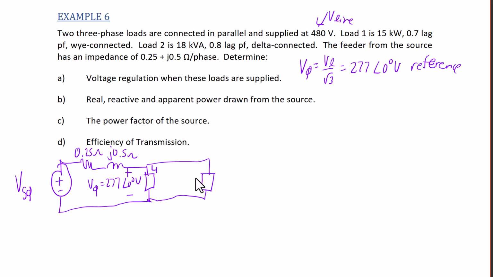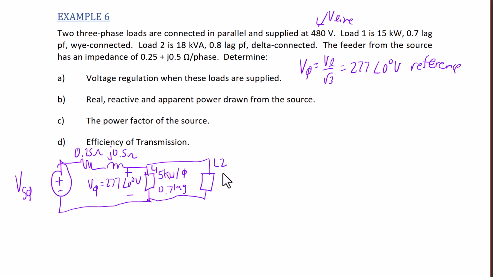This is load 1, and this is load 2. Since load 1 is 15 kilowatts, 0.7 lag power factor, when you divide by 3, it's going to be 5 kilowatts per phase and 0.7 lag.